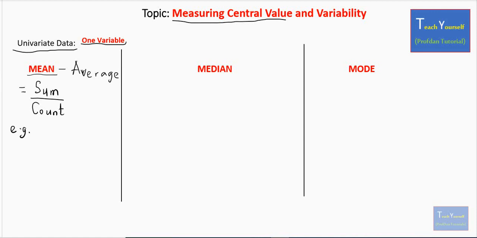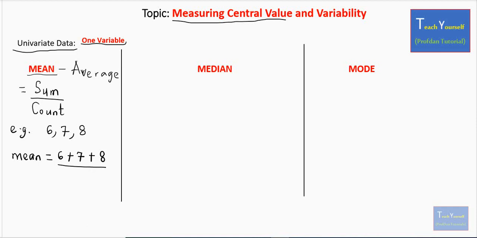Let's say the score of some students in a class is given as 6, another student scored 7, and another student scored 8. Now we want to look for the average score, which is called the mean. The mean is simply the sum, that is, add each of the data values, divided by the count.